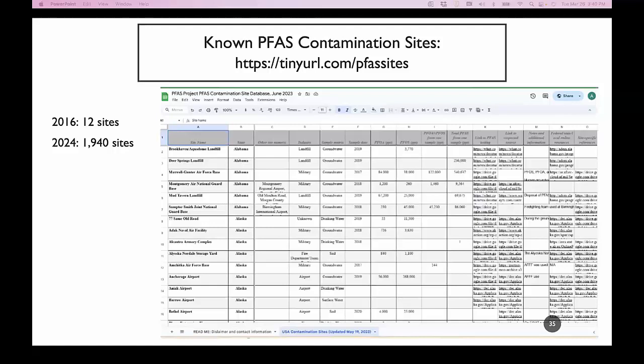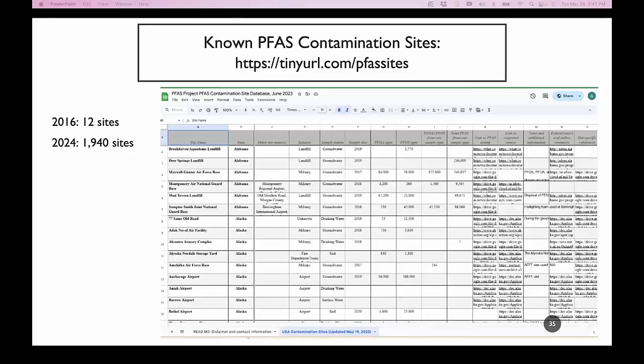Now, the sites on this list are not every single place where PFAS have been detected. We do not include individual drinking water systems in our database. All the entries in our database are known contamination sites with a known source of PFAS contamination.